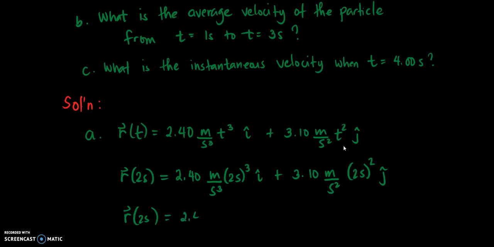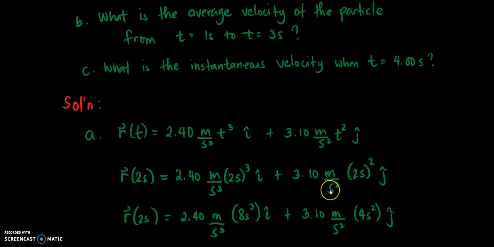We have 2.40 m/s³, and (2 s)³ is 8 s³, I'm sorry, that is 8 s³, i hat, plus 3.10 m/s², and (2 s)² is 4 s², j hat.